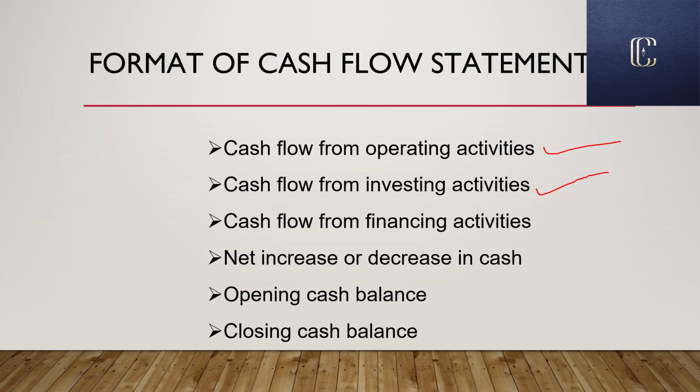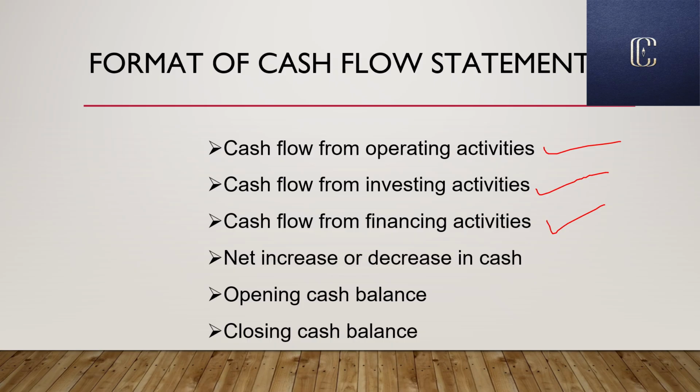The third one is the cash flow from financing activities. This section shows how the business raises funds, how it repays loans or pays dividends to the shareholders. It shows funding decisions of the company.